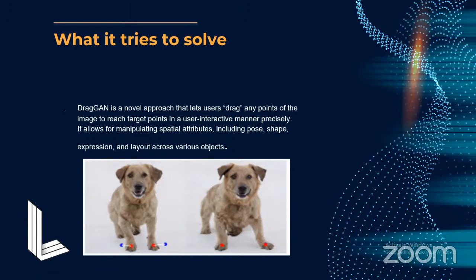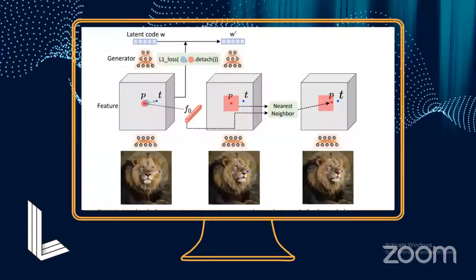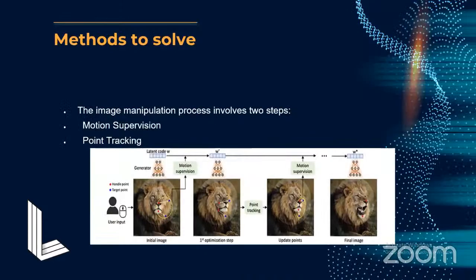The traditional methods for controlling GANs rely on manually annotated training data or prior 3D models, which often lack precision, flexibility, and general applicability.